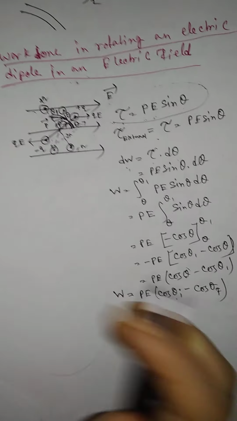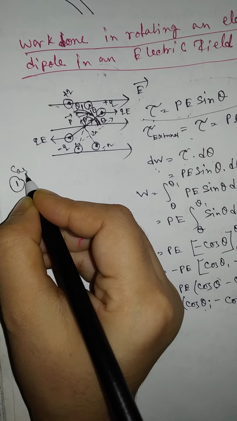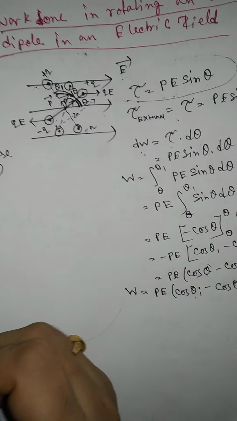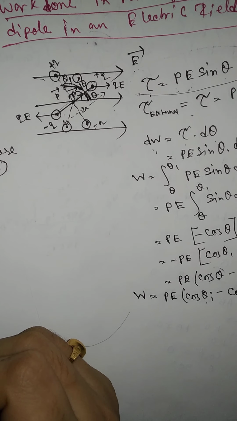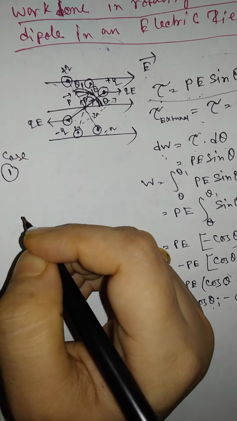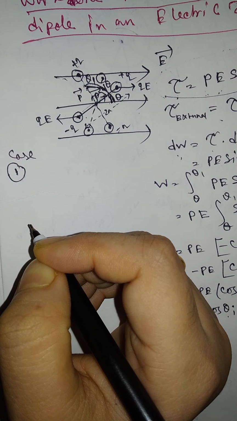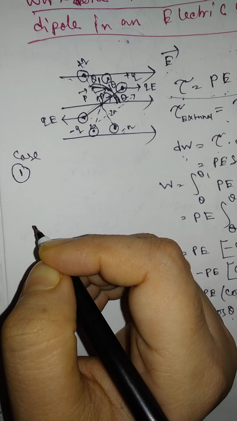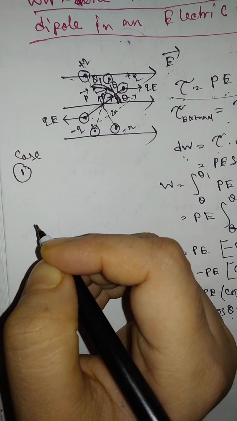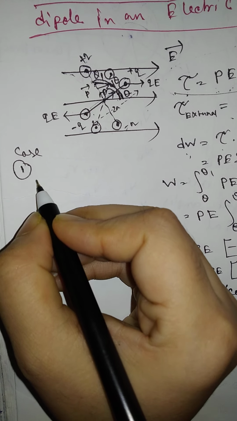Here I am considering some cases. Case number 1: if the dipole is rotated through 90 degrees from the direction of the field, then what will the work done be?